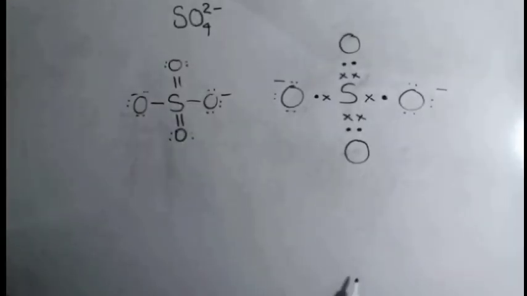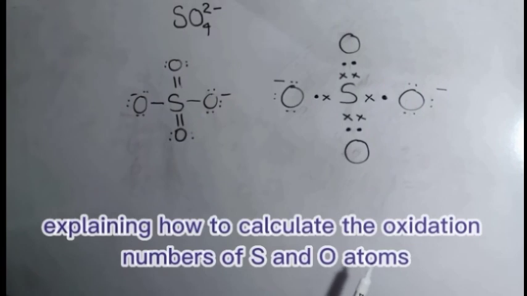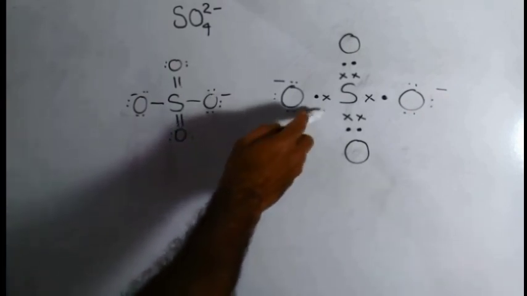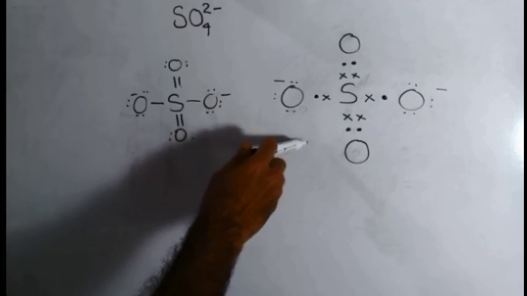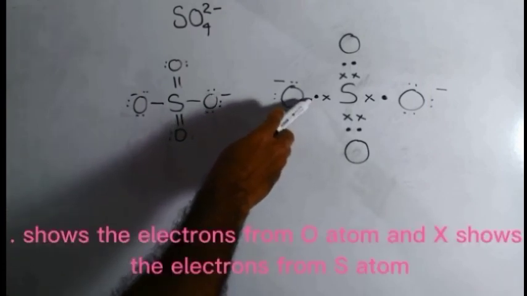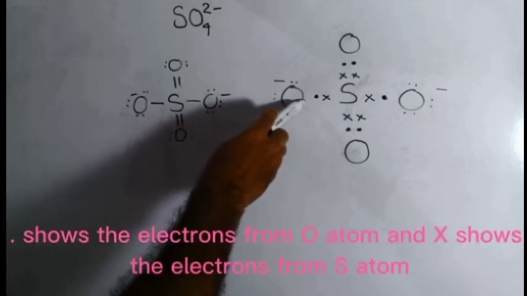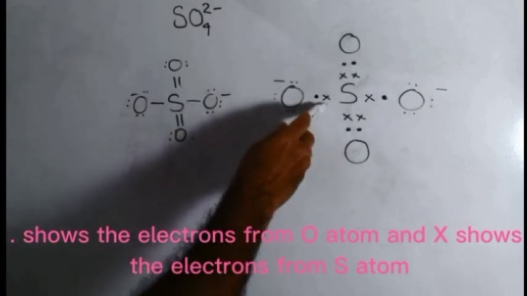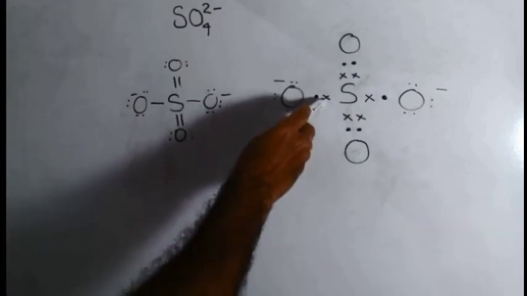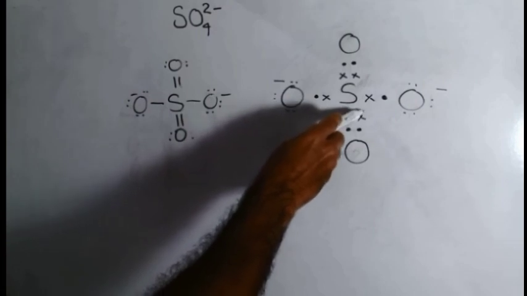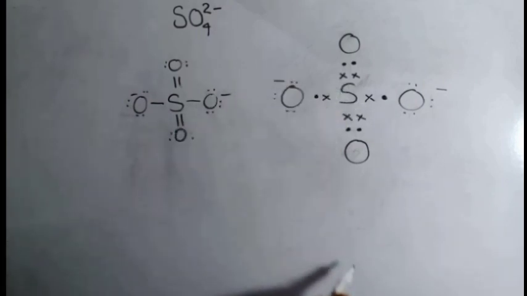In this section, we are going to explain how to calculate the oxidation number of each atom present in this sulphate ion. So these two are the same structure, but this has more explanation. This dot represents the electrons provided by oxygen atoms, and this cross mark indicates the electrons provided by the sulfur atom.